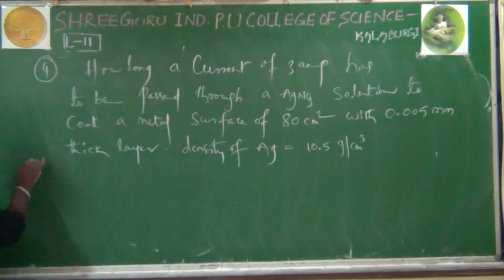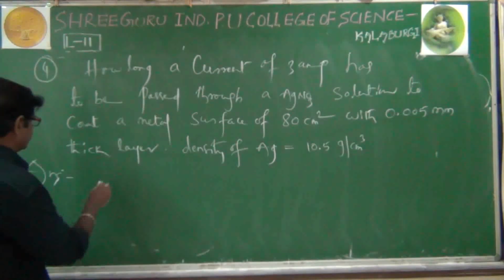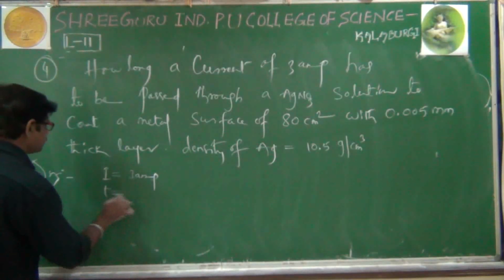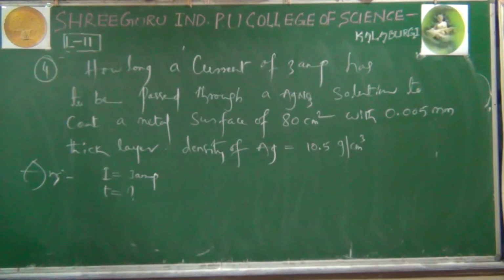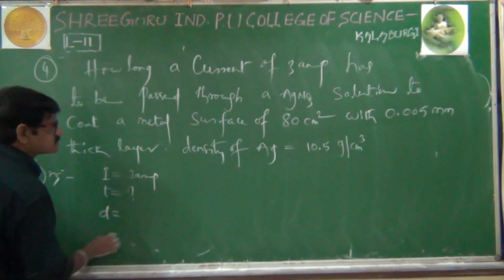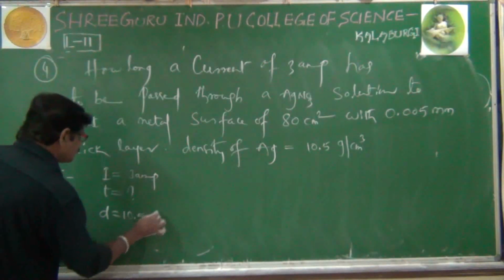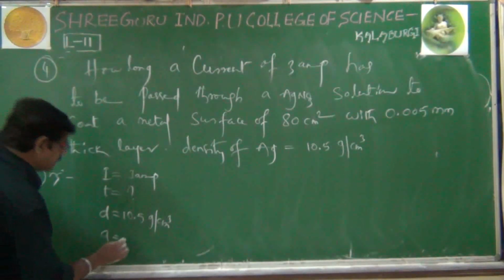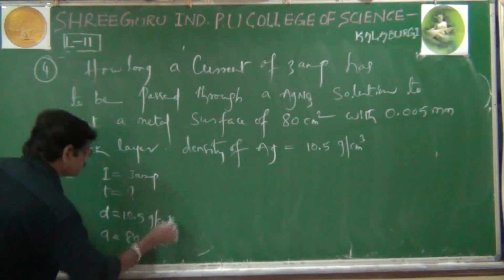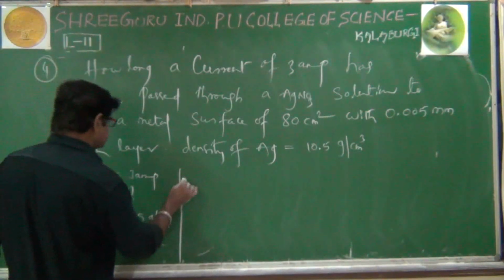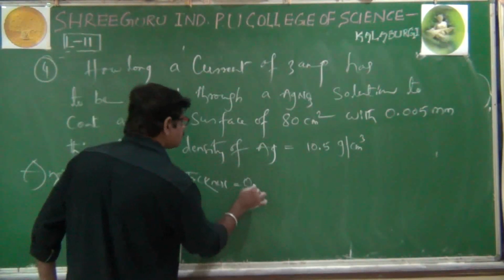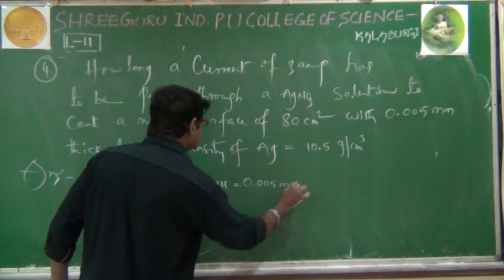Okay, we'll write here. First we'll write the given data. Current I is equal to 3 amperes and T is question mark. Next density is equal to 10.5 gram per centimeter cube and A equal to 80 centimeter square, and next thickness is equal to 0.005 millimeters.